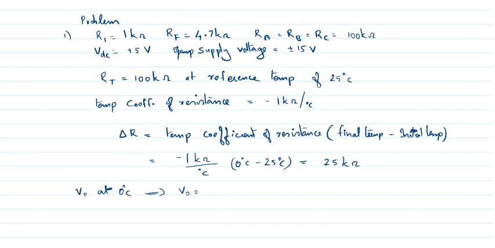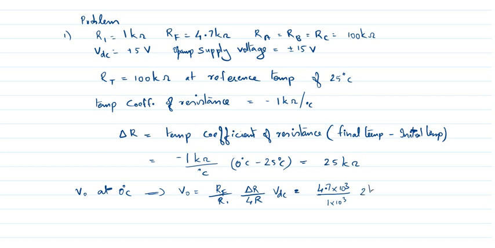So we can apply the values: RF is 4.7 into 10 raised to 3 ohm, R1 is 1 kilo ohm, 1 into 10 raised to 3, and delta R we already found, 25 into 10 raised to 3.